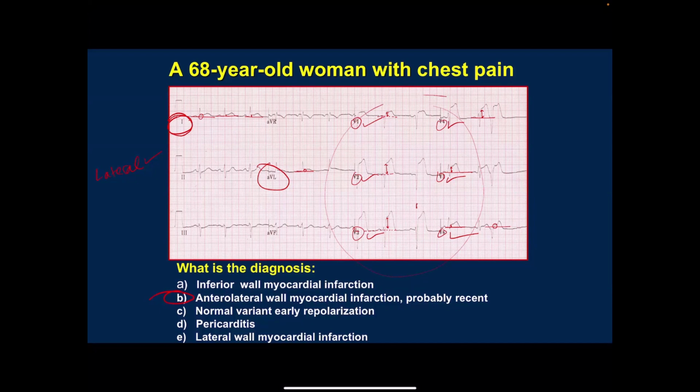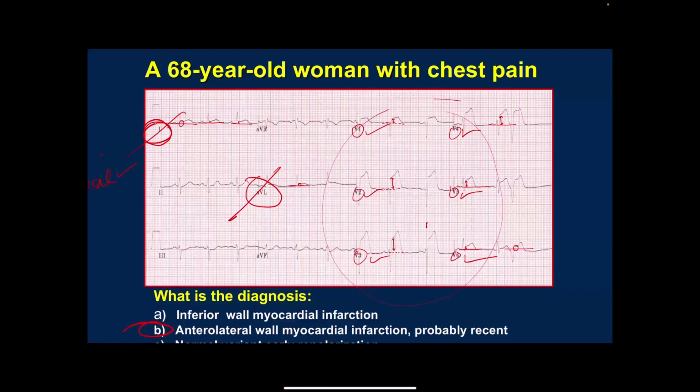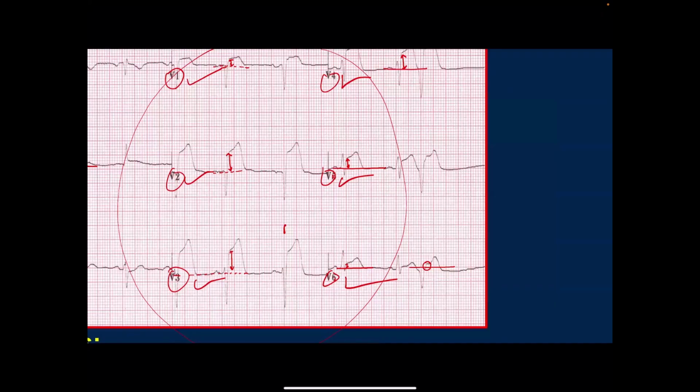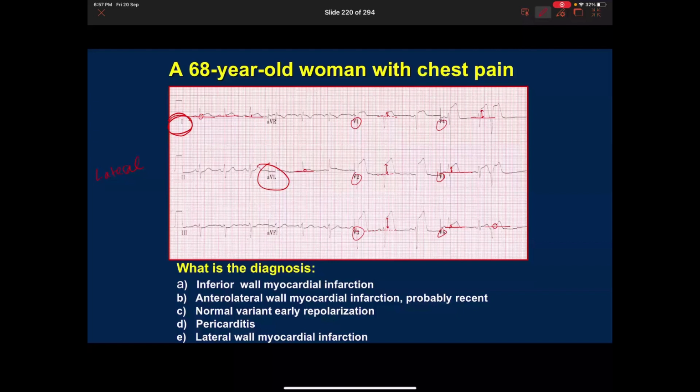Okay. Another way to look at this, let's say you didn't notice 1 and AVL. 5 and 6 can also give the lateral STEMI. But let's say, for example, I'll give you a scenario where there's no STEMI in 6.